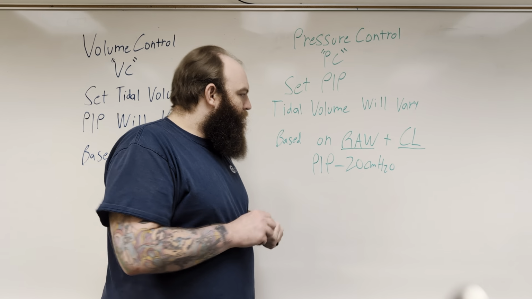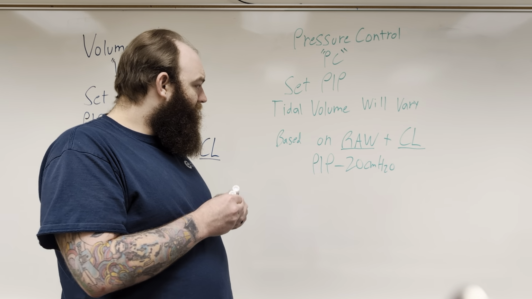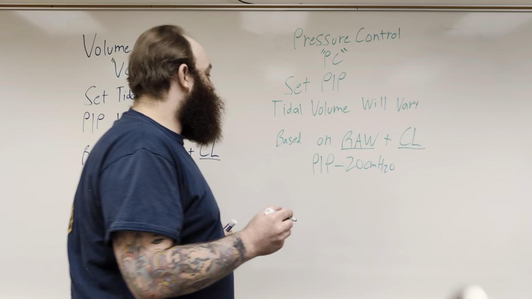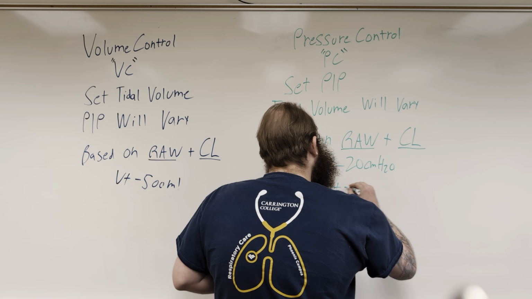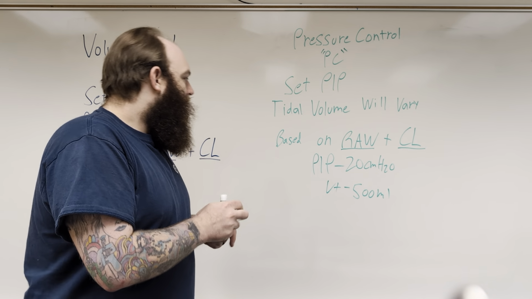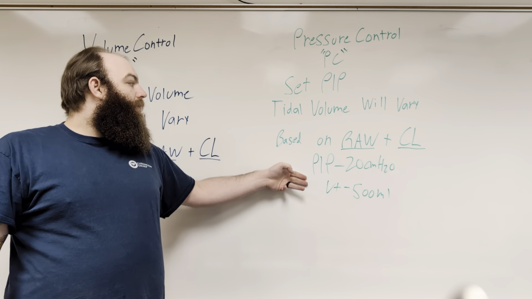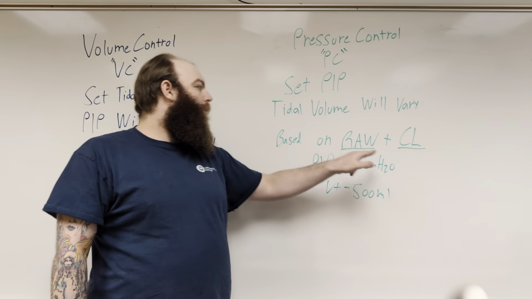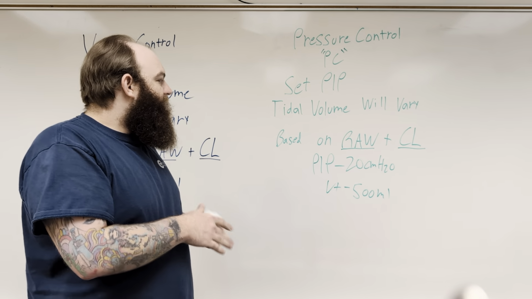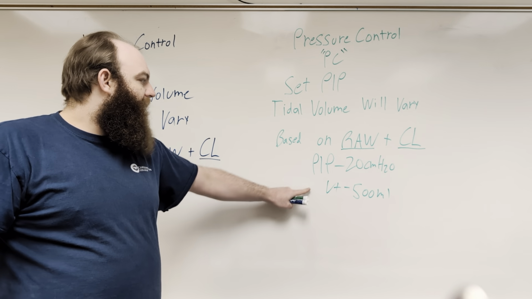For example, if the patient on a peak inspiratory pressure of 20 centimeters of water pressure got a tidal volume of 500 milliliters, and then after that, their lungs became stiffer or their airway resistance increased, suddenly it's going to take more pressure to achieve that 500 mils.